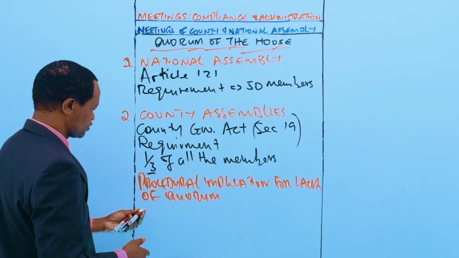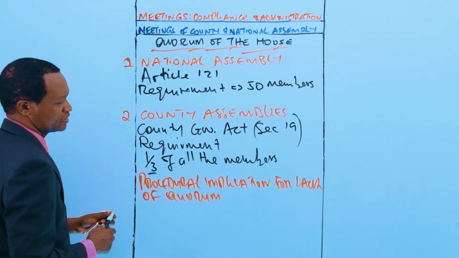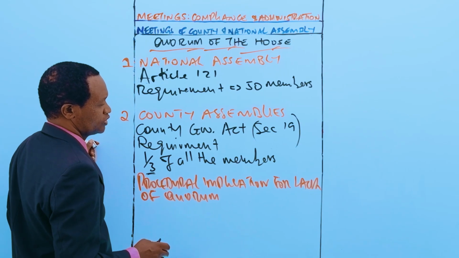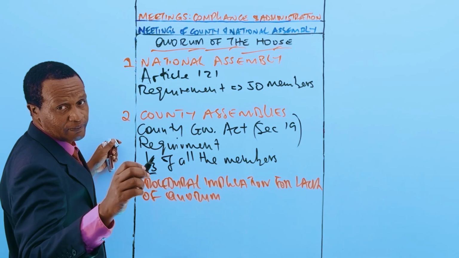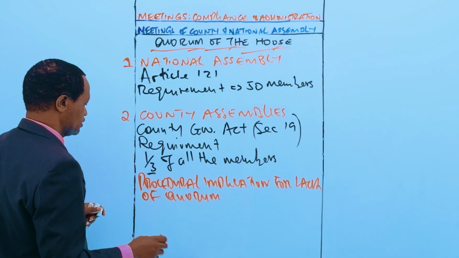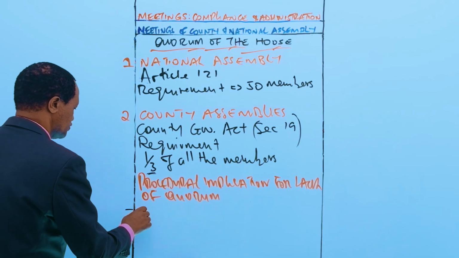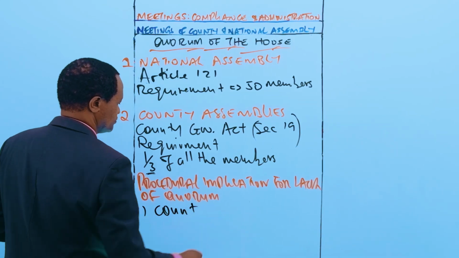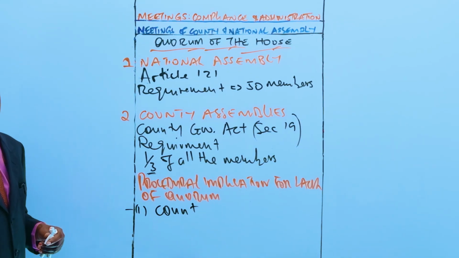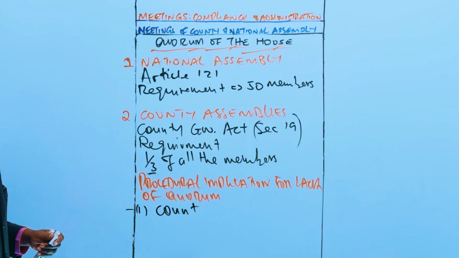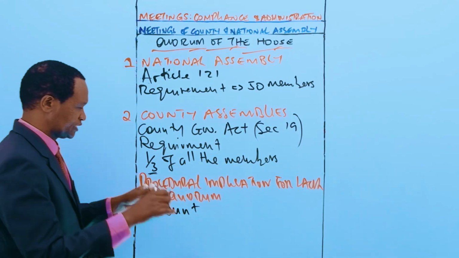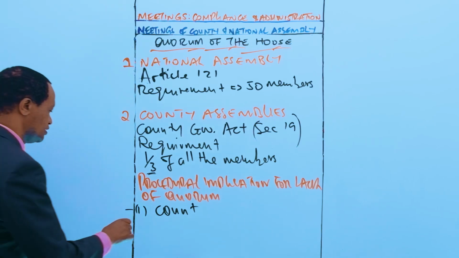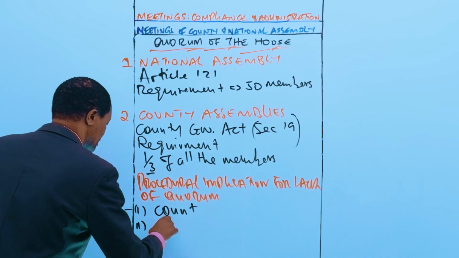First of all, if a member realizes that the quorum has gone down, the member has to rise on a point of order and alert the speaker. So the speaker will first of all count. The speaker counts the members present after the point of order. Then the bell is rung.